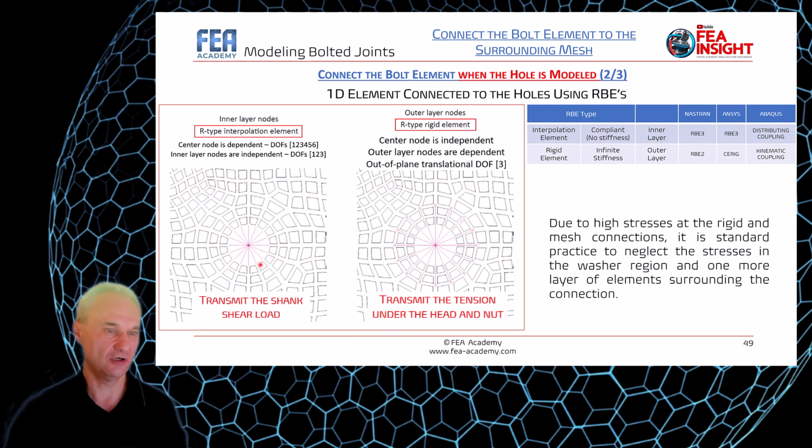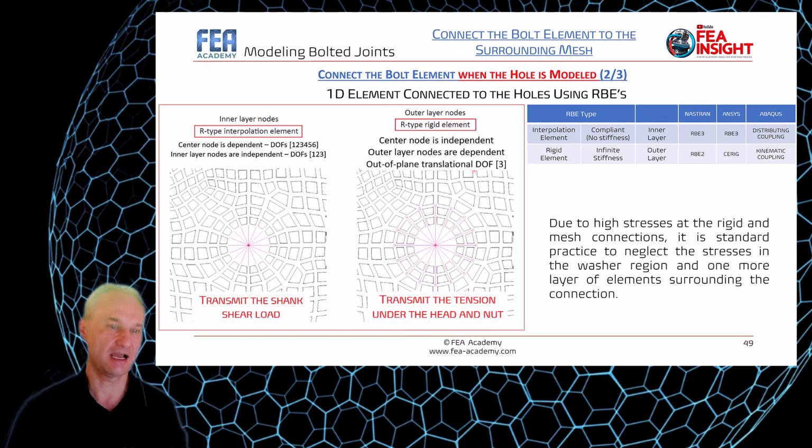In that case, you specify the translational degrees of freedom. Then you have to connect also the outer layer nodes, but with a rigid element. So again, the center node is now the independent node, since it's a rigid element, and you connect the outer layer nodes, which are the dependent nodes, and you specify only the out-of-plane translational degree of freedom.